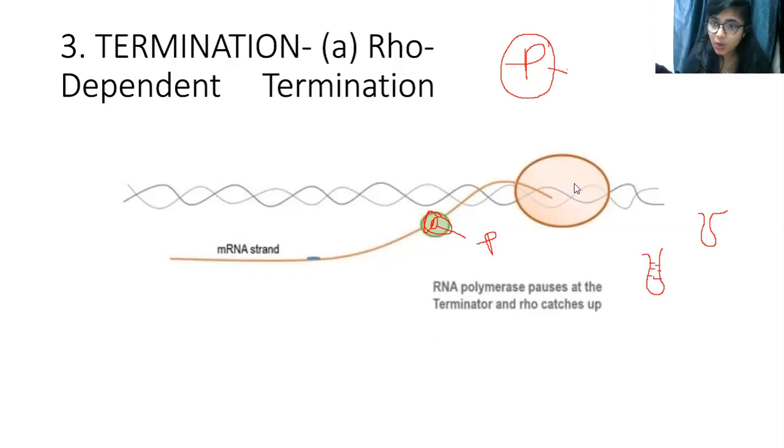And then the second thing which is required is that in DNA there is some kind of termination sequence.